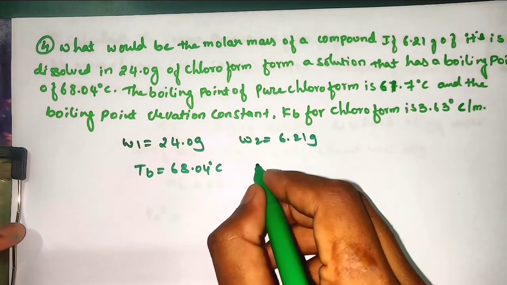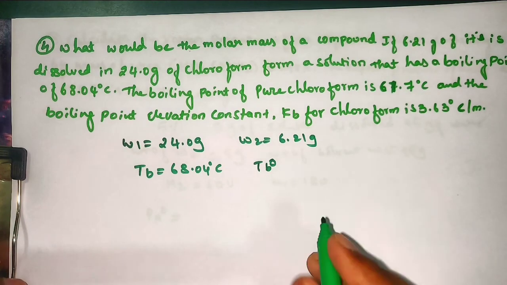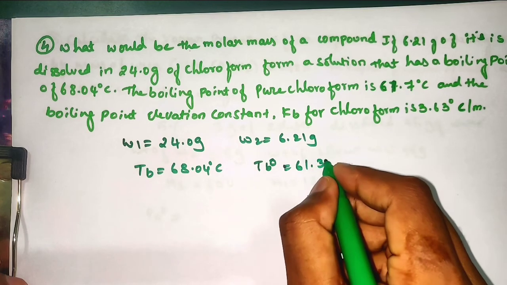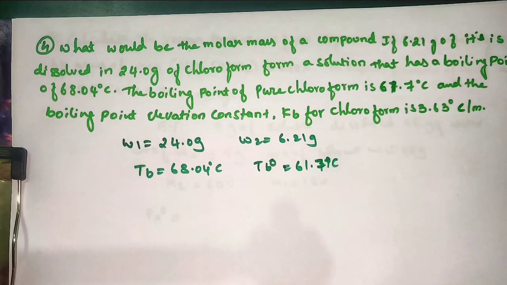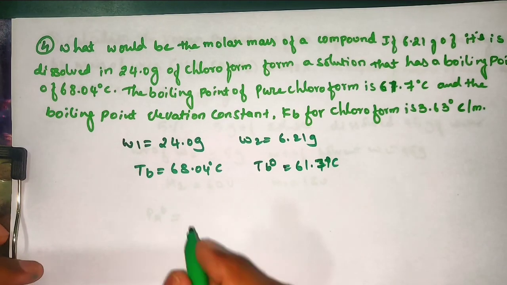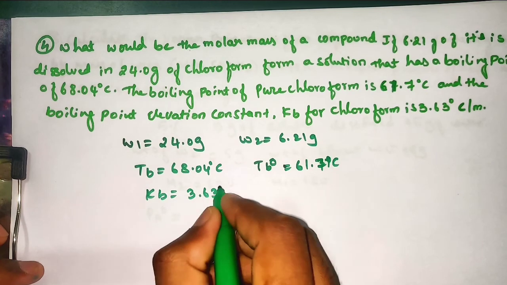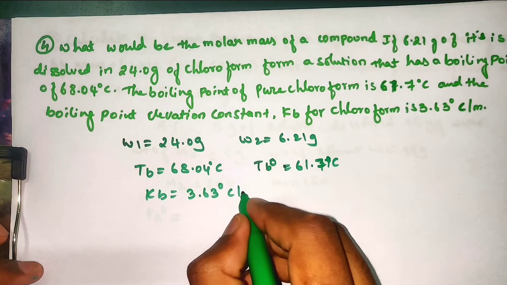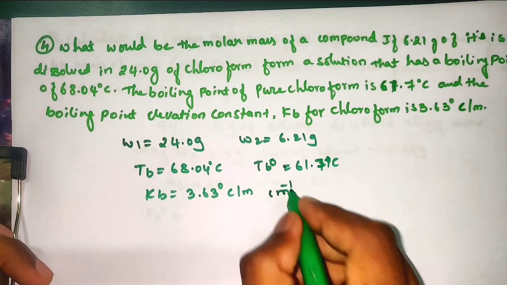And Tb naught is for a pure solvent. Which is the pure solvent here? Chloroform. That is, Tb naught is equal to 61.7 degrees Celsius. And Kb they have given, Kb for chloroform, is 3.63 degree Celsius per meter. You can write it like this.